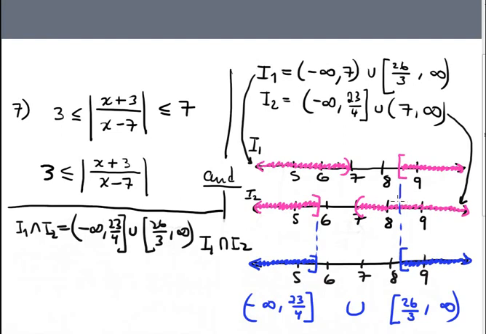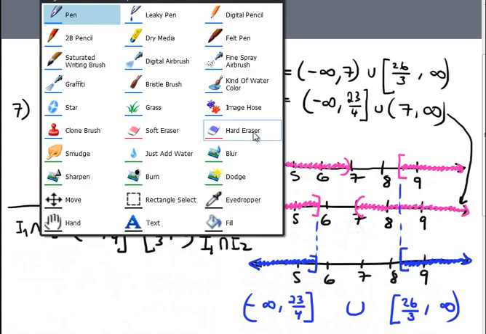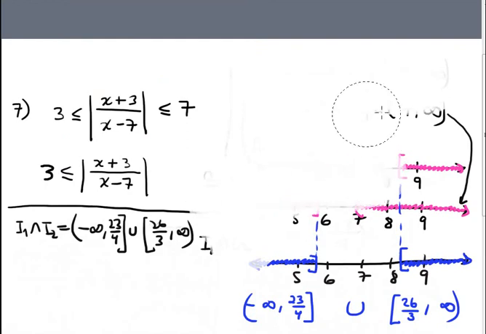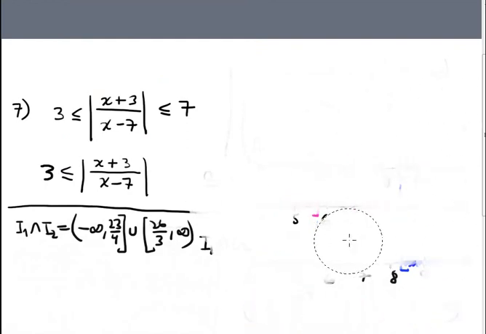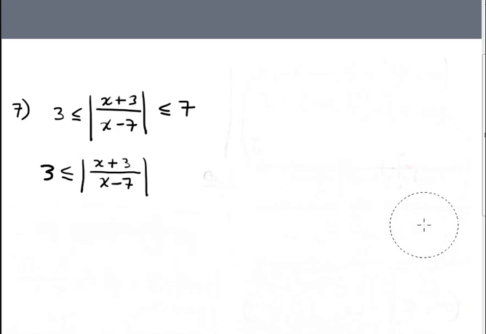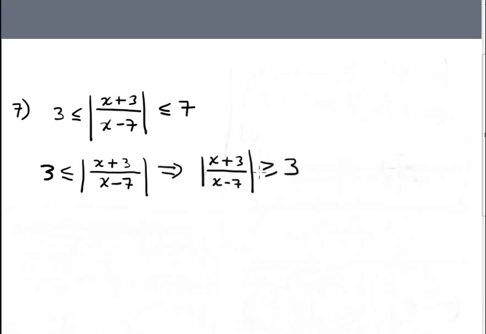Okay, now I want to analyze the last part, this part of the equation, the inequality. You write like that, it's much better: x plus 3 over x minus 7 greater than or equal to 3.